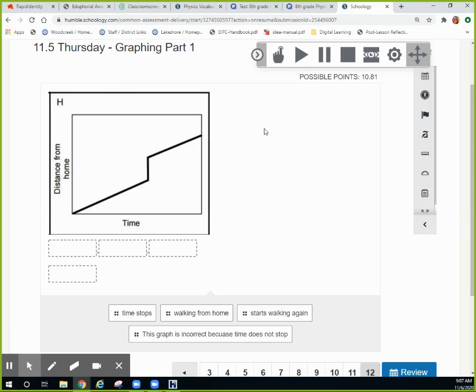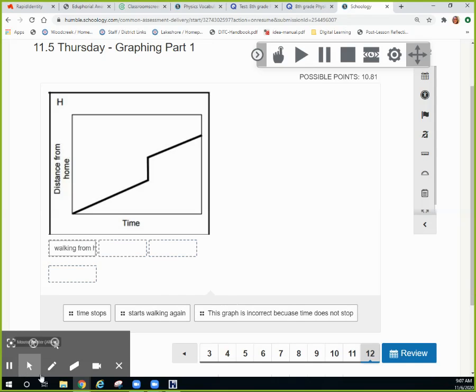Okay, so we have a crazy graph right here. We have somebody going away from home. They're walking away from home. Walking away from home. What is this?